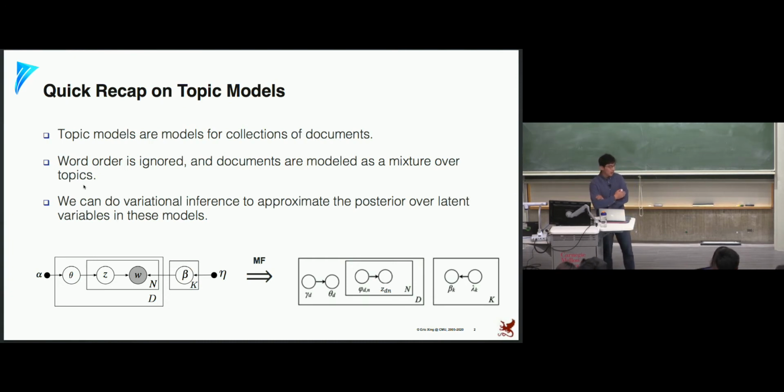We cannot do exact inference. So the method we took last time was approximate inference, specifically variational inference, and even more specifically, mean field variational inference, which corresponds to the right-hand side diagram.